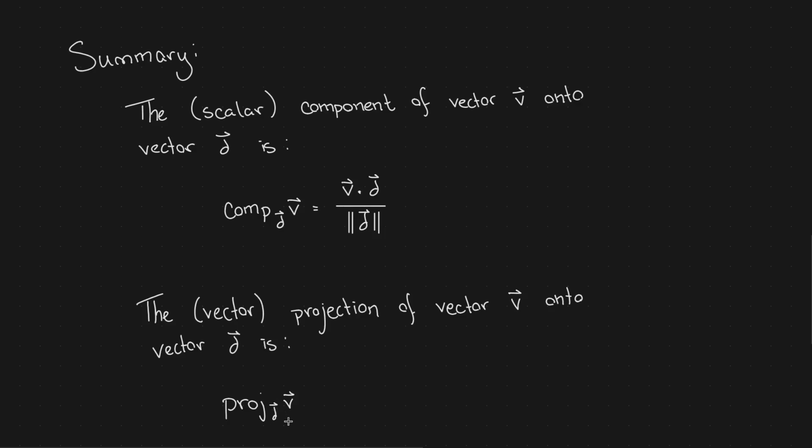And it's important that you keep straight which vector is which. Okay? We're looking at the projection of vector v onto vector d. Generally, this will not be the same as the projection of vector d onto vector v. So you got to get the order right here. Okay?